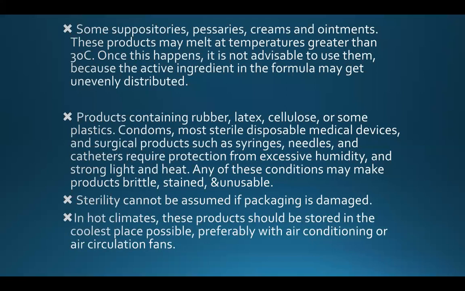In hot climates, these products should be stored in the coolest place possible, preferably with air conditioning or an air circulation fan. So they must be stored in a place where temperature is controlled as per the requirement of these products. Mostly air conditioning has to be applied or air circulation provided, so these drugs are stored at the required temperature.